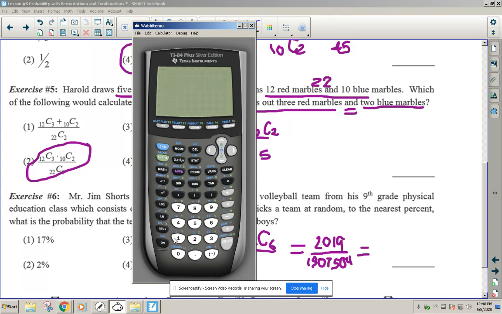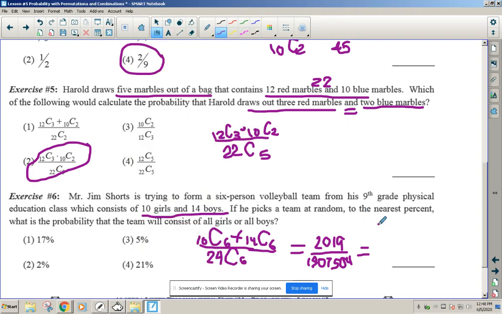Let me type this in. Let's start this one all from the beginning. 10C6. I typed it in wrong. That's got to be it. That gives me 210. So let me fix that.